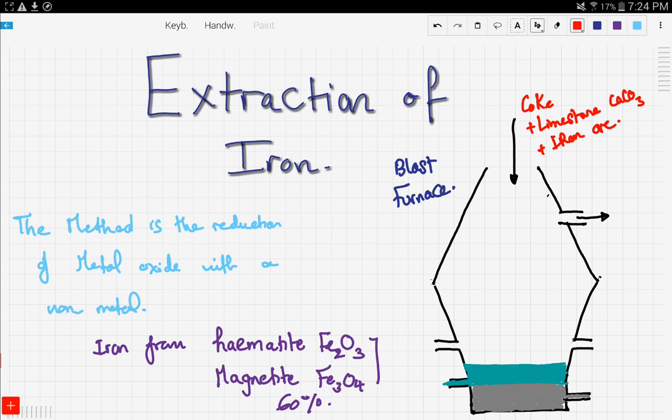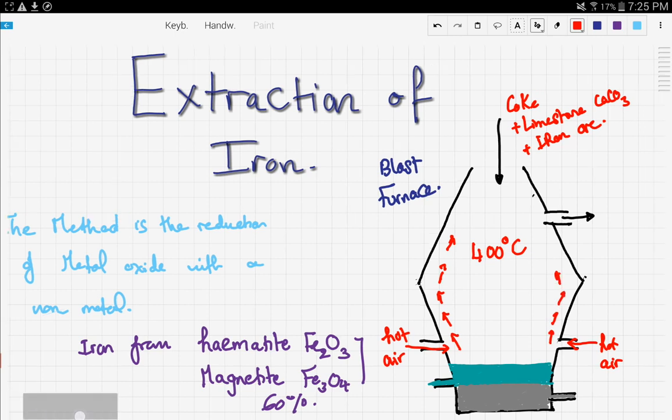Now the blast furnace has a temperature of 400 degrees Celsius, and this is provided through pumping hot air. So here there is hot air pumped through. Now the air goes in the blast furnace like this and heats up the process.